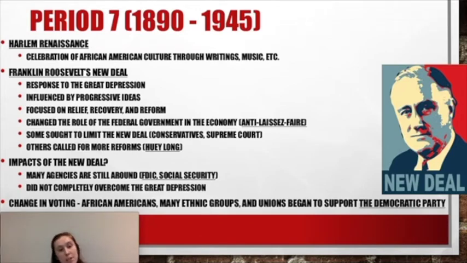And a lot of people at the time that support the Democratic Party, there's a big change in those who are the supporters. We're going to see more African Americans, more lower income, some immigrant ethnic groups, and unions support the Democratic Party. And this change that's happening politically during this period, that change is still around today. So there's a lot of changes politically and a big political realignment that's really happening right here.